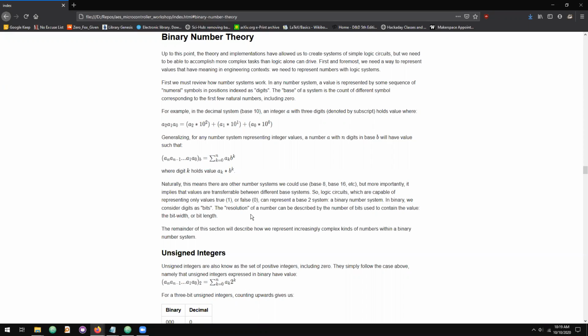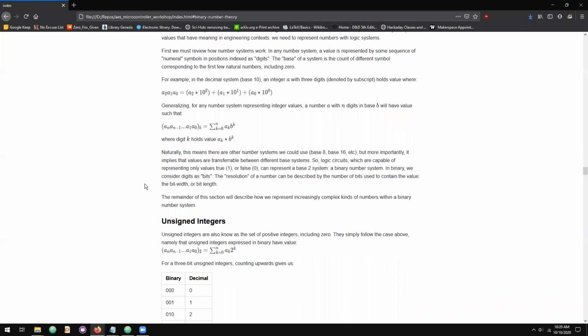So if you have a collection of 8 bits, you can only describe up to 255 unsigned values, or rather, there are 255 unique configurations that set of bits can be in. Typically, that corresponds to 255 different values that we can distribute in different ways. So there are a lot of ways that we can configure this set of bits, which I'm going to refer to as a bit field.